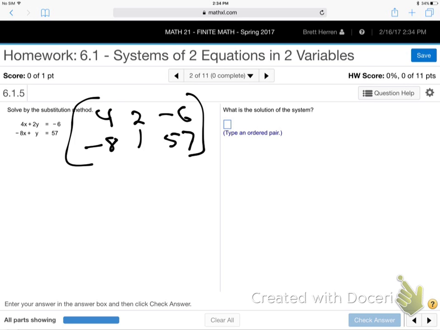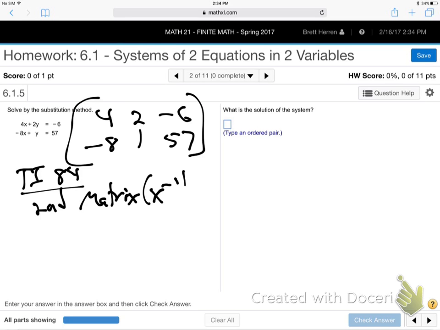Hit second matrix, which is above the X inverse key, on the left there.